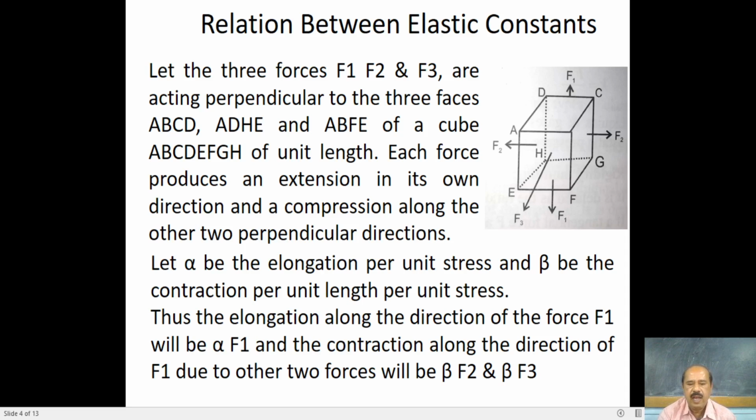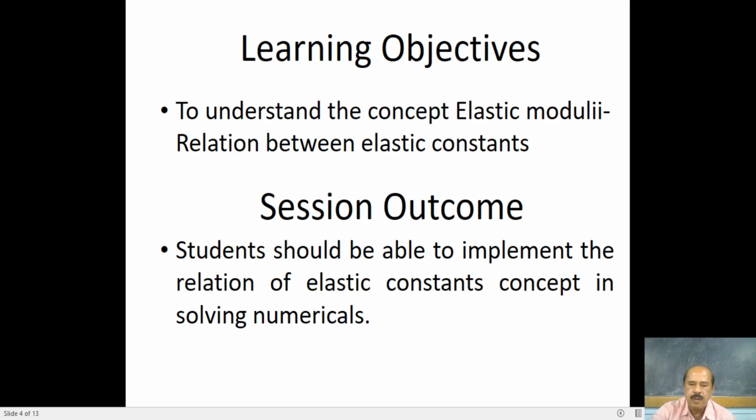Let alpha be the elongation per unit stress and beta be the contraction per unit length per unit stress. Thus, the elongation along the direction of the force F1 will be alpha into F1, and the contraction along the remaining two directions due to the force F1 is given by beta into F2 and beta into F3, where alpha represents the elongation and beta represents the compression.